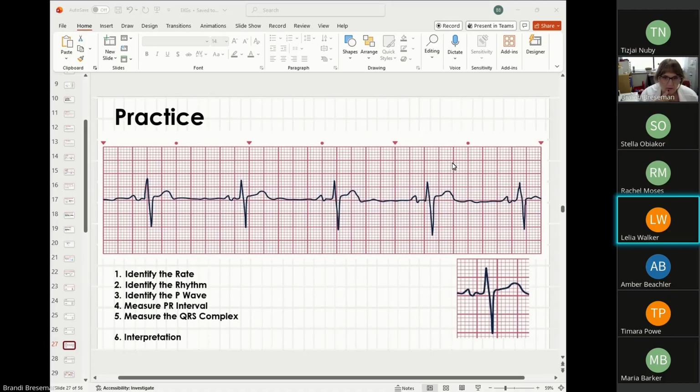Okay. What about your P waves? Do you have a P wave in front of every QRS? Yes. And are they upright? Yes. Okay. So then what is your PR interval?